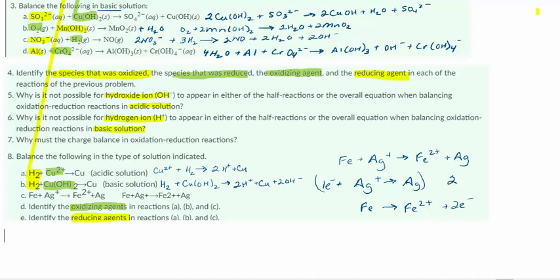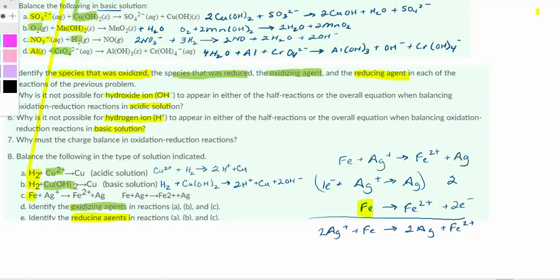Get our overall reaction. And that would be the overall reaction for both an acidic or a basic solution. So the reducing agent is the thing being oxidized, so that would be my iron. And the oxidizing agent is the thing being reduced, and that would be my silver.